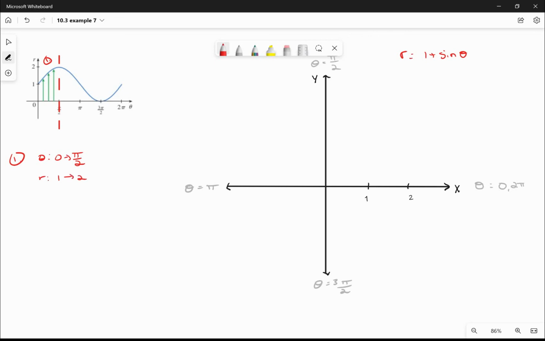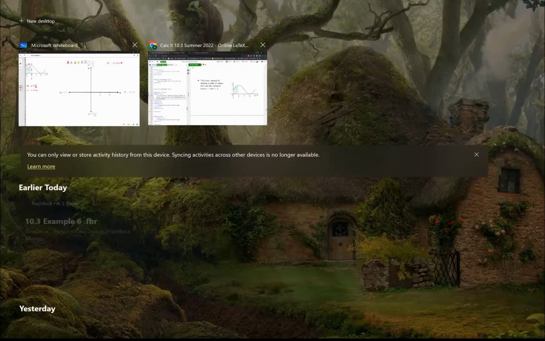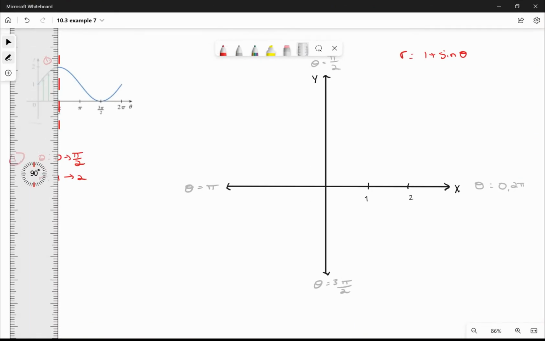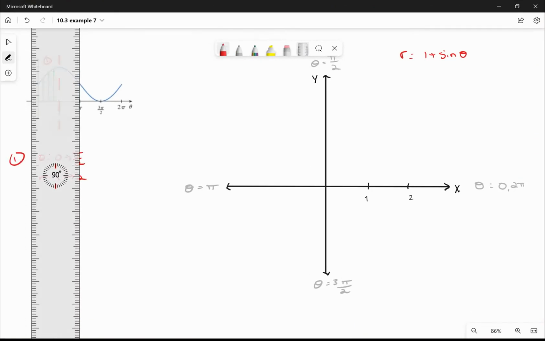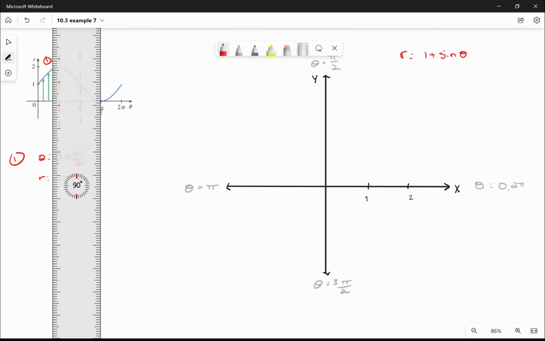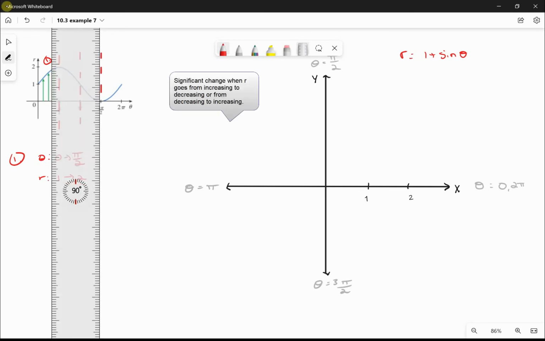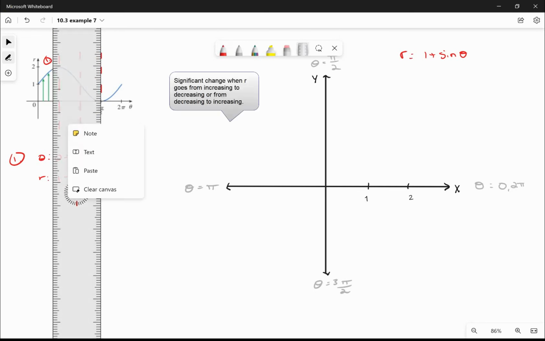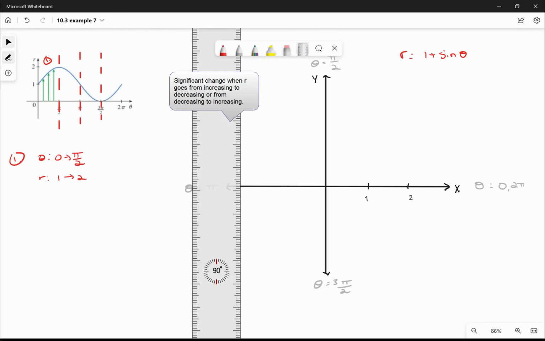And then we can continue this for all these different values where there's some kind of significant change in the value of r. So we're not doing this for every single part.